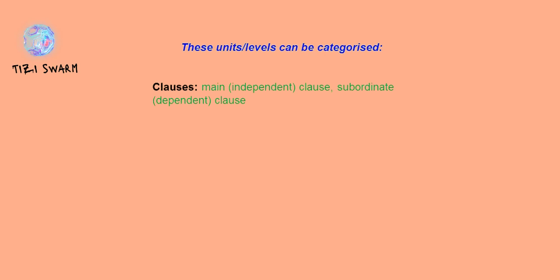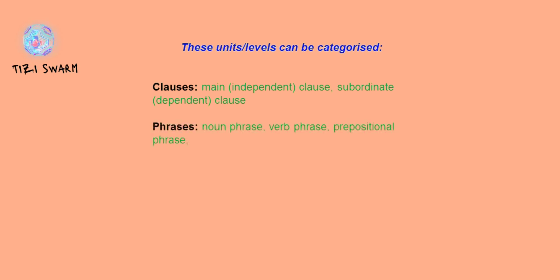So we can say Jack played in the garden. That's the main clause. It can stand alone. It makes perfect sense on its own. However, while I was working, the subordinate clause is dependent. We can't just say while I was working and leave it at that. We need to know something else for it to make sense. Okay, so that's how we can classify clauses.